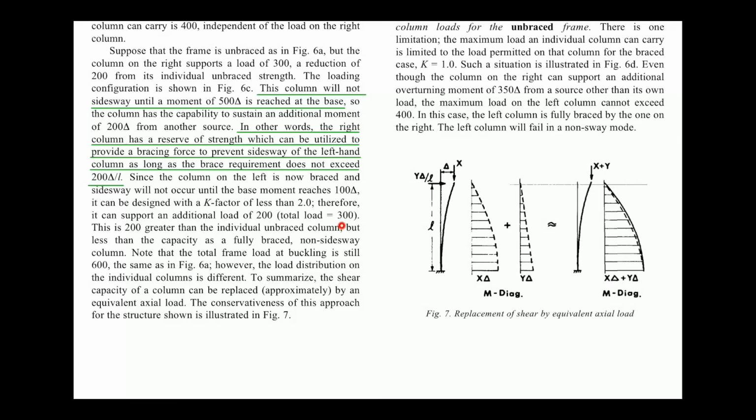If you calculate the capacity that is referred to the sidesway mode of the left column, but now as it is braced by the right column, from 100 tons it could go above, like several hundred tons above 100, because it will not sidesway, but less than the capacity as a fully braced non-sidesway column, so it shouldn't be more than 400. Note that the total frame load at buckling is still 600. Okay, keep in mind.